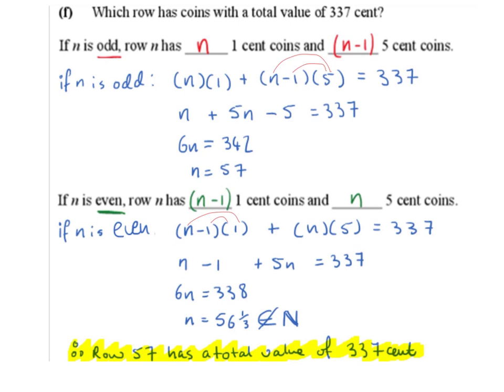And 337 plus 1 is 338. Dividing across by 6, 338 divided by 6 is 56 and a third. And 56 and a third is not an element of the natural number set. So it's not a positive whole number. Therefore, row 57 has a total value of 337 cents.